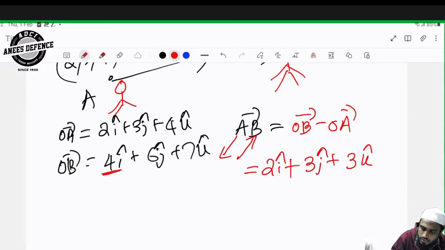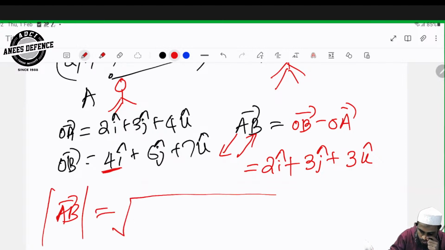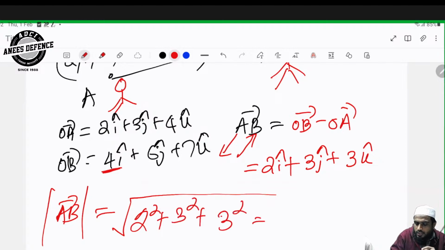So what is the magnitude of AB? Root of 2 square plus 3 square plus 3 square.